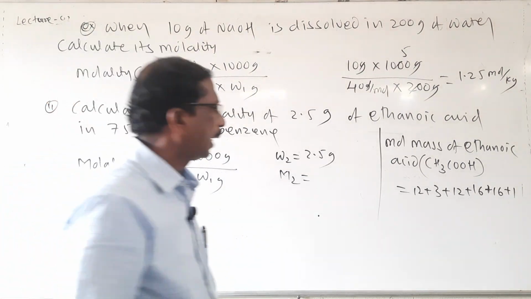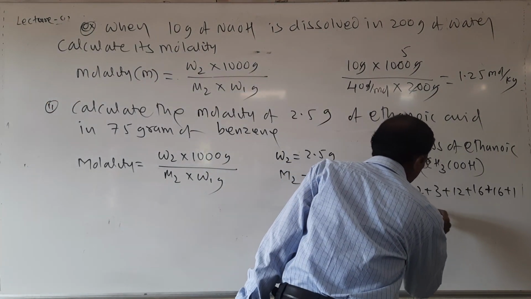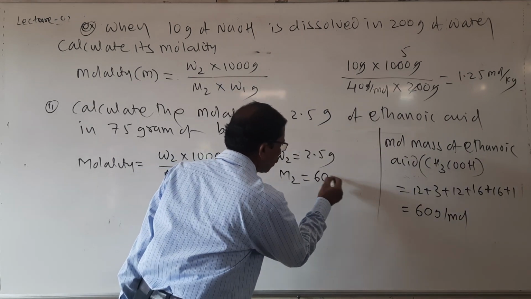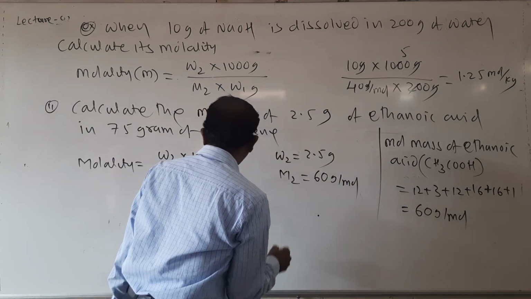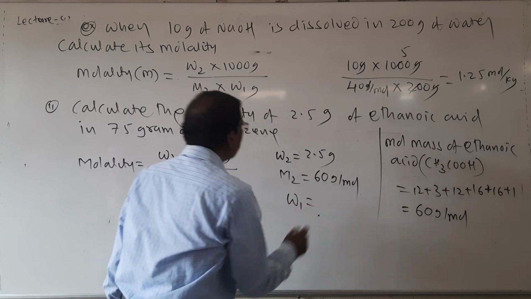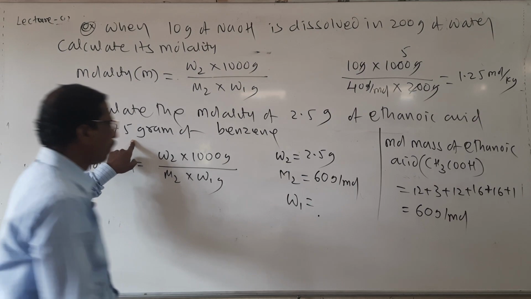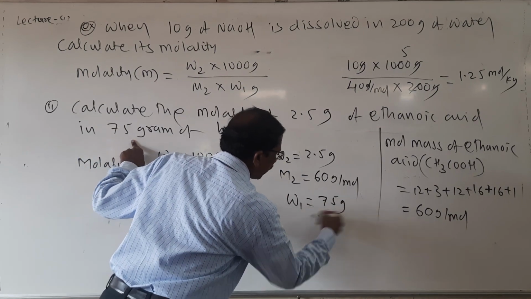So the total becomes 60 gram per mole. Then M2 is equal to 60 gram per mole. W1 is the mass of the solvent, 75 gram.